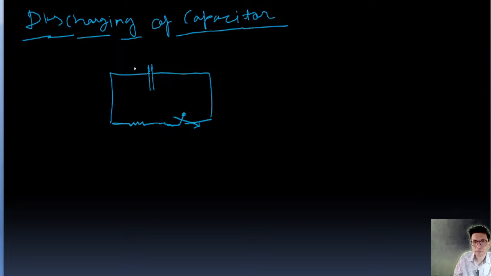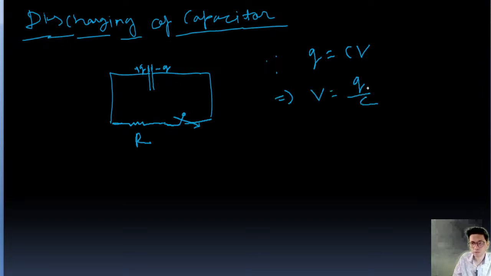This is the capacitor with plus Q and minus Q charge on it, and this is the resistance R. I'm going to discuss discharging of capacitor. Since we know Q equals CV, this implies the value of V is going to be Q upon C.